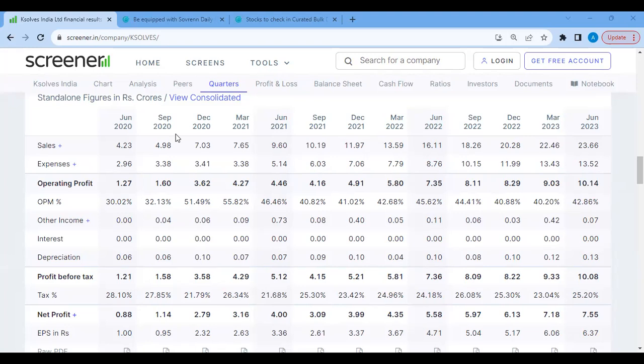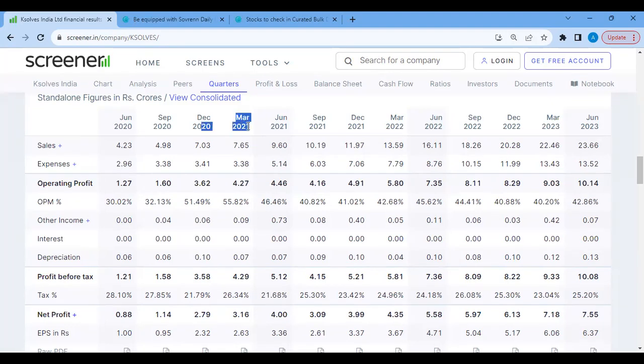When did the profit uptrend in this company start? Someone is saying December 2020. Someone is saying December 21. I think the uptrend started in December 2020. In fact, someone can also say March 21. So the uptrend started somewhere around this time, March 2020, March 21 or December 2020.